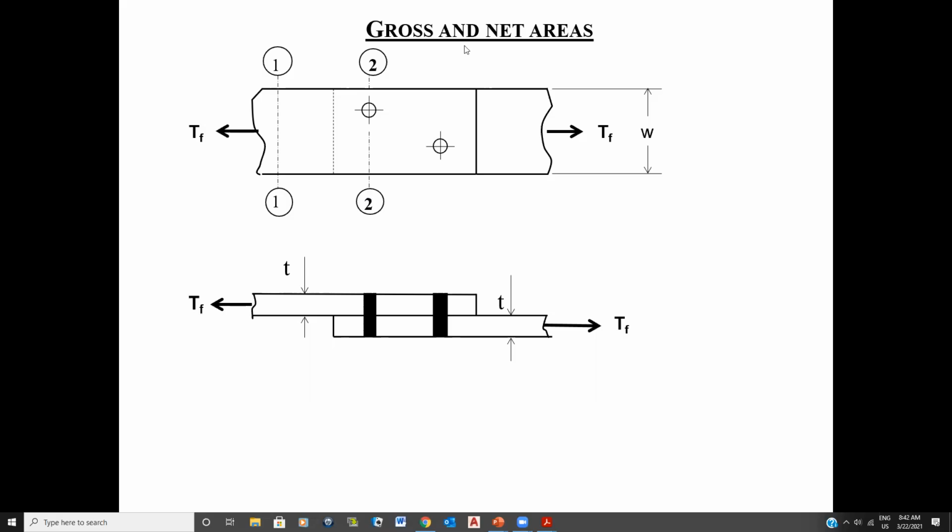If I look at it from this side, right here all this material is going to be removed. So I no longer have an AG, I have an AN, a net area right there. Therefore I cannot use the first equation anymore. I have to use either the second or the third equation.